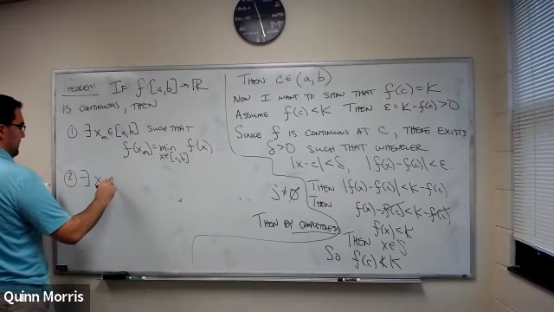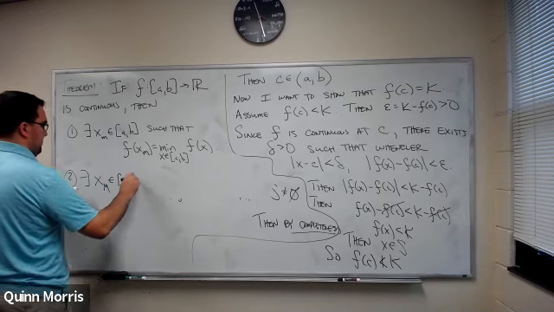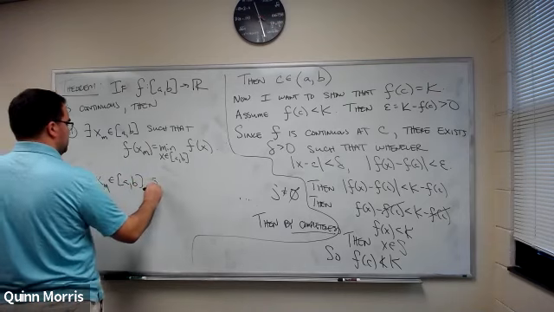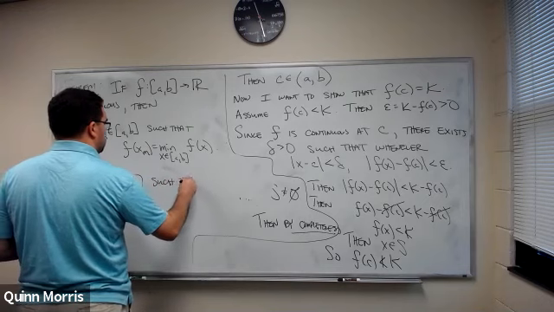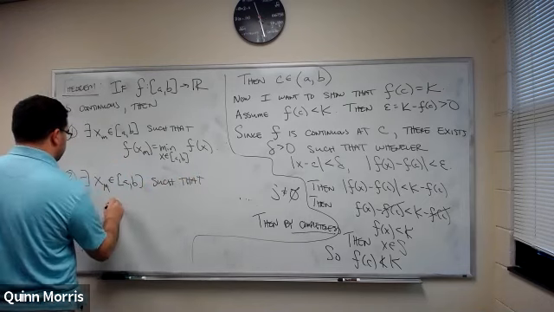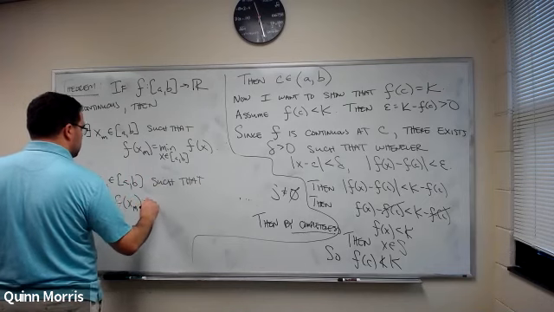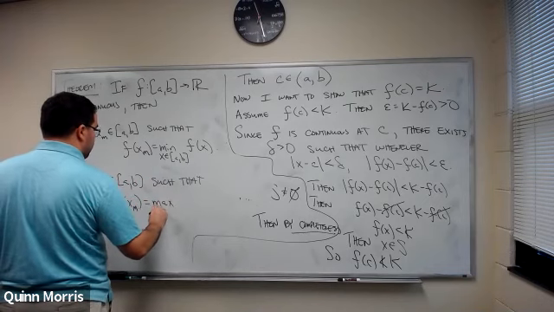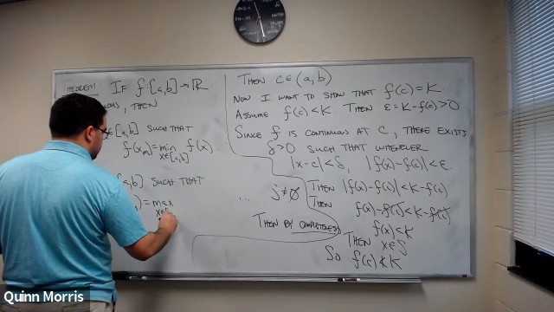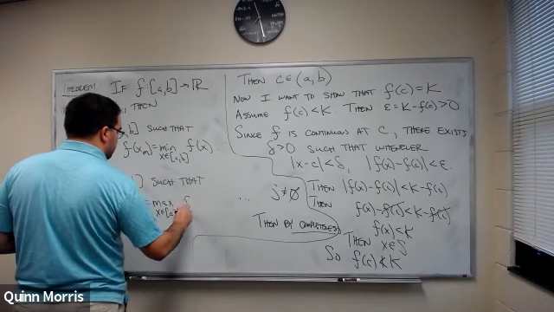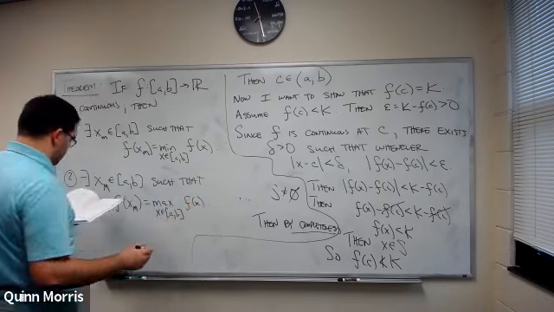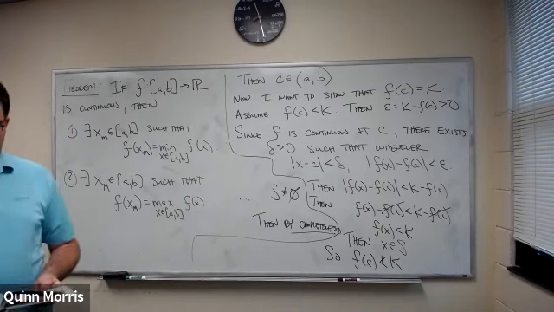There exists an x sub capital M in the interval AB, such that f of x sub capital M is equal to the maximum value that the function achieves on the interval AB. Okay.